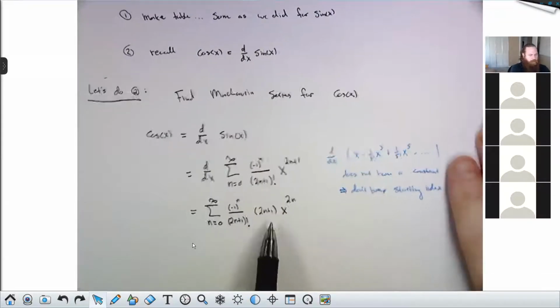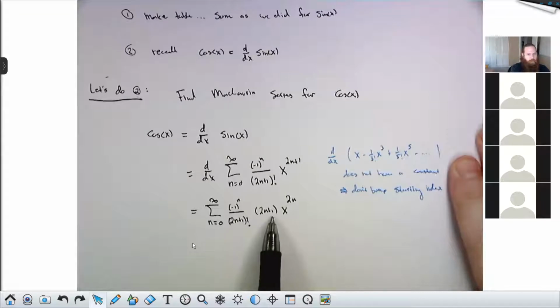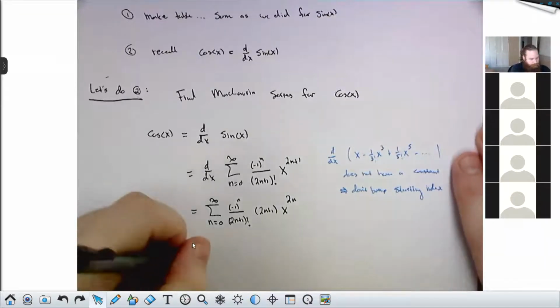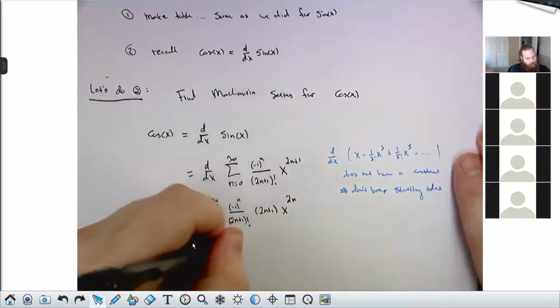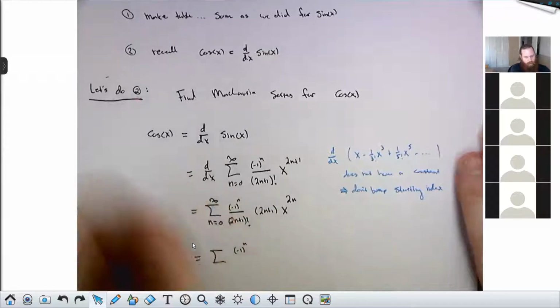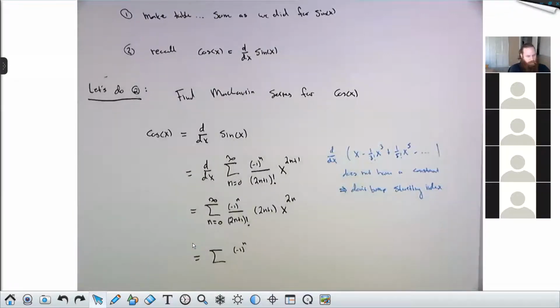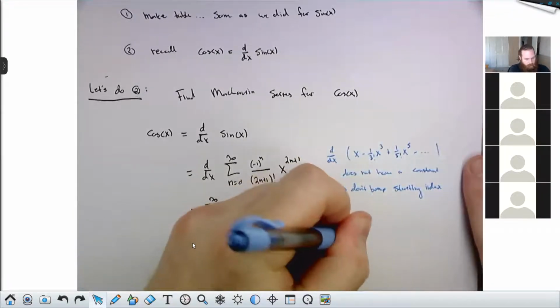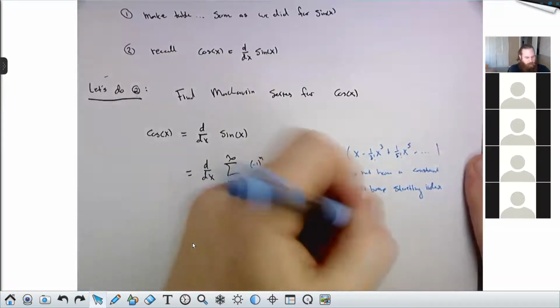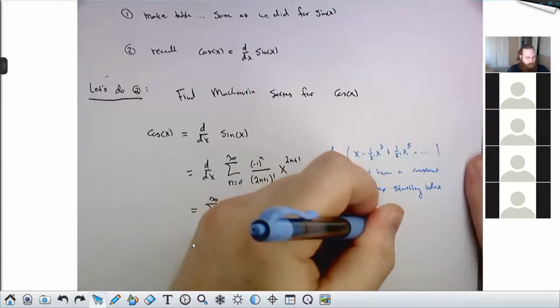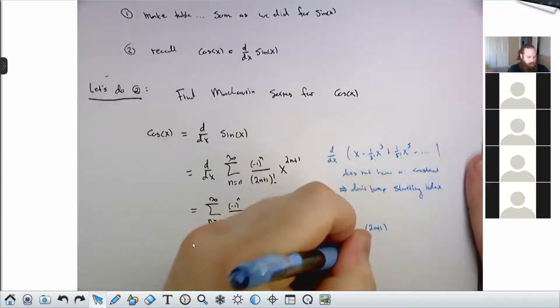And now the only thing to do is to clean this up. You've got a 2n plus 1 here and a 2n plus 1 factorial there. So what is 1 over 2n plus 1 factorial times 2n plus 1? How do we simplify that?